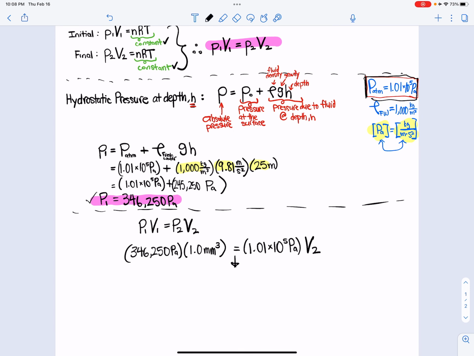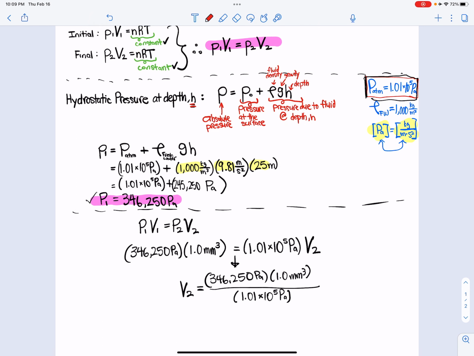So at this point, it's just algebra, right? V2 is equal to 346,250 pascals multiplied by 1 cubic millimeter divided by atmospheric pressure, which is 1.01 times 10 to the 5 pascals. Okay?